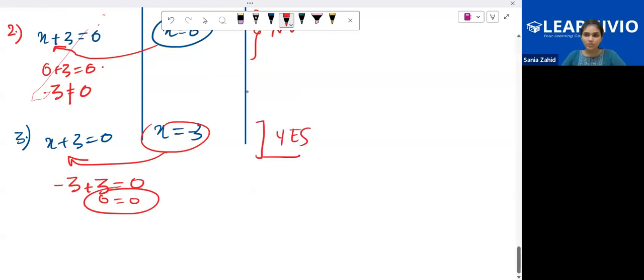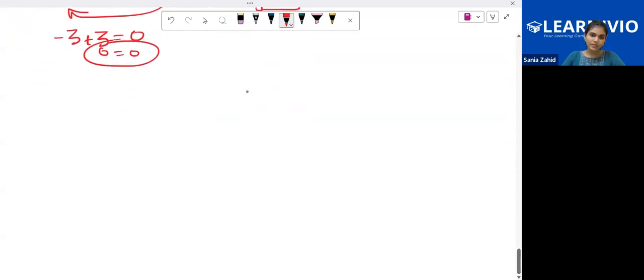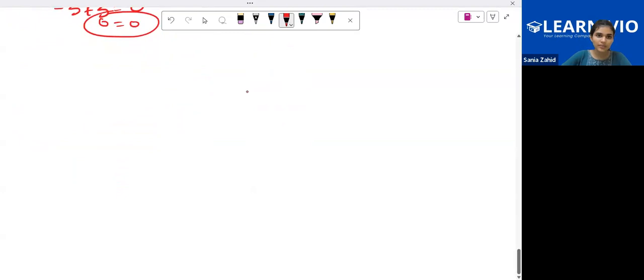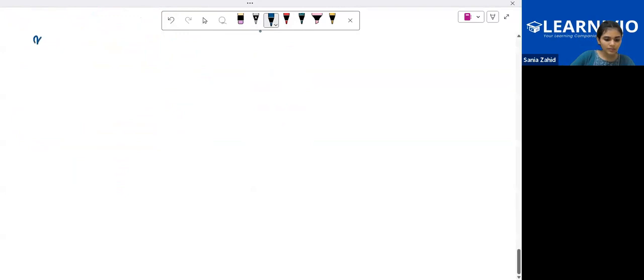So can you do such type of questions? Yes, ma'am. Very simple. Now I'll write a few equations for you and their values. The first one is x minus 7 is 1.